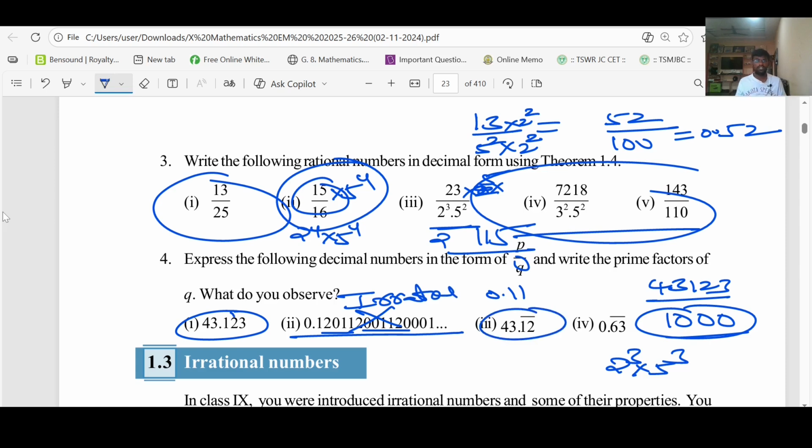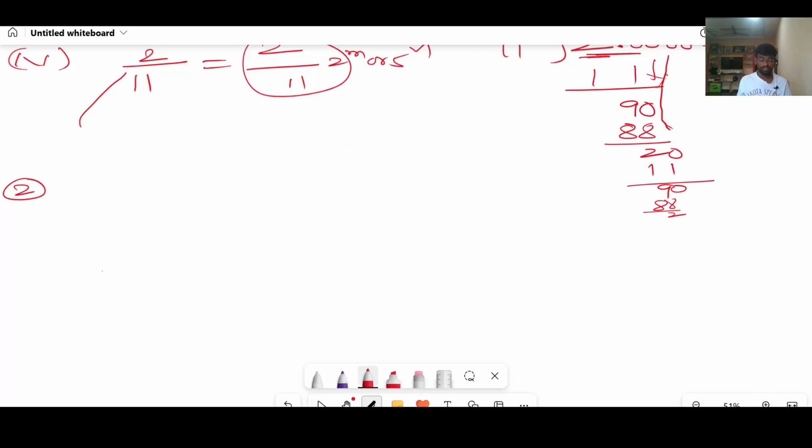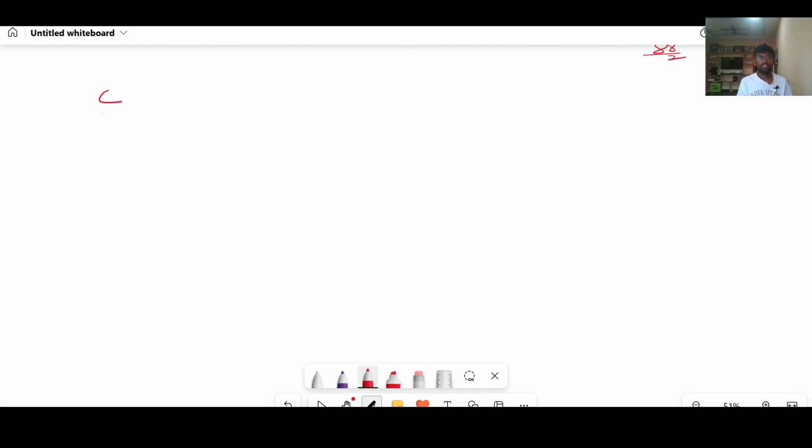I will explain the 43.12 recurring. We have an 8th class question, right? Okay. We need to convert 43.12 recurring into decimal fractional form, right? I will assume this as x equal to 43.12, 12, and so on.